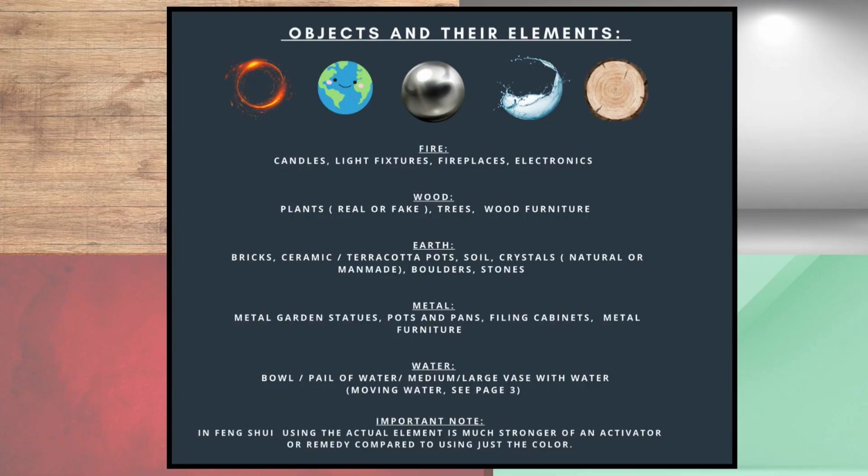I've posted some information here regarding the objects and their elements. For example, if we quickly go through it, fire: you can use candles, light fixtures, fireplaces, electronics. That's all a fire element. In terms of wood, you've got plants, trees, wood furniture.